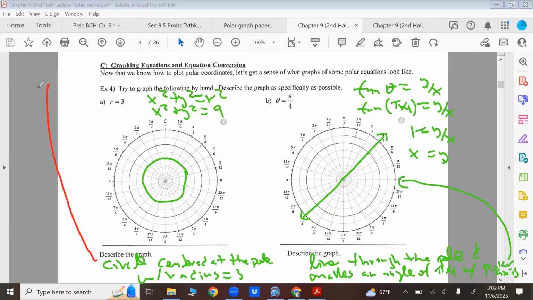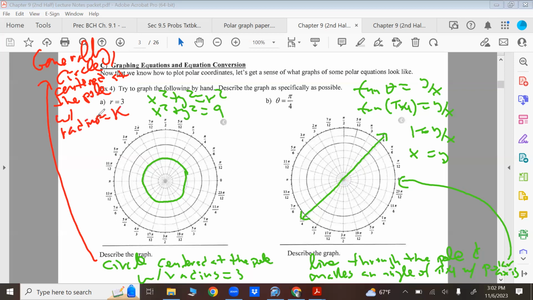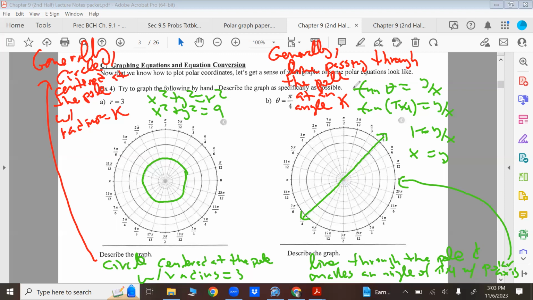Generally speaking, r equals k is going to be a circle centered at the pole with radius k. And theta equals k is going to be a line passing through the pole at an angle k with the polar axis. So that's all.